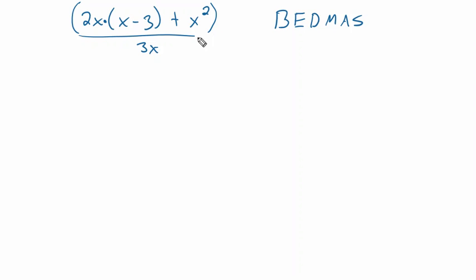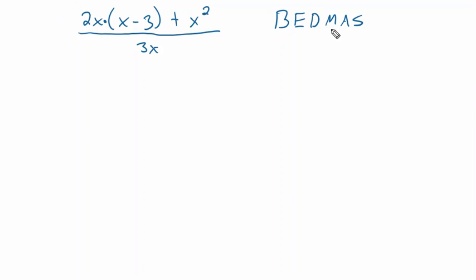These are actually called implied brackets because we don't actually write them down, but they are there. So we would actually want to do the top first, right? And that makes sense because this entire top is all over 3x. So we'd want to get this whole top figured out and then finally divide it by 3x. So that'll actually be the last thing we do. So it's not going against BEDMAS. It's just like I said, there are implied brackets there that we don't show, okay?